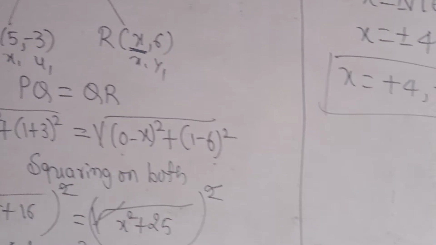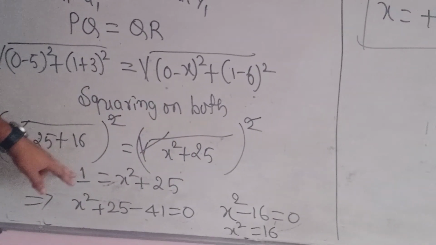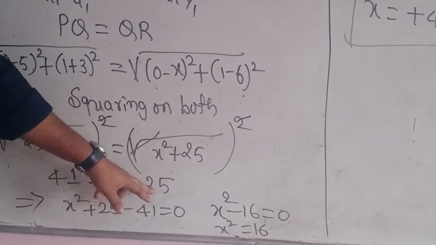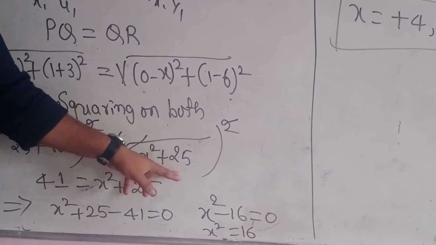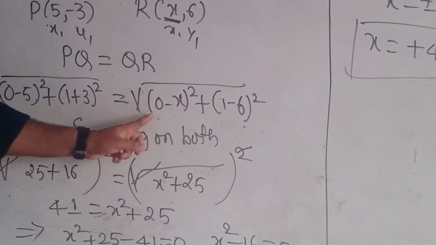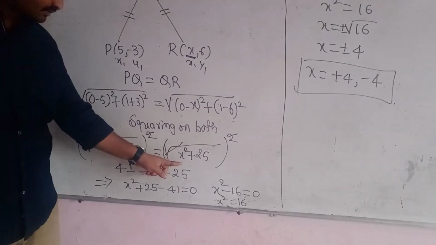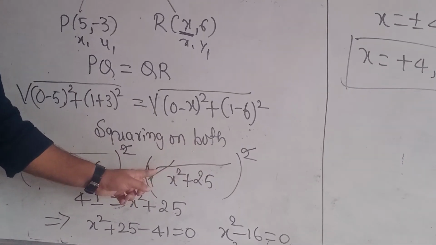Just simplification here also, and here 41 remains, and here x square plus 25. How did we get the 25 here? 1 minus 6 is minus 5, and minus 5 whole square is 25. Here 0 minus x whole square is minus x square, and minus x square is nothing but x square. After squaring, the square root cancels.